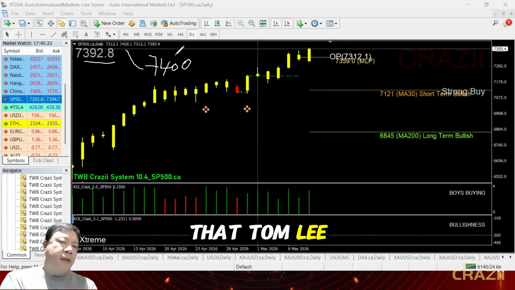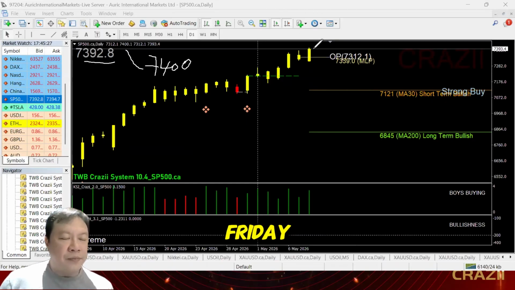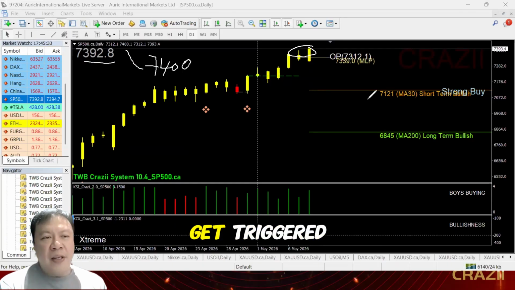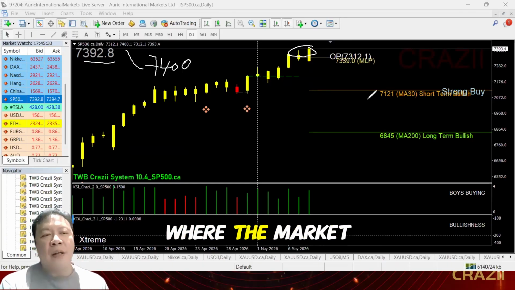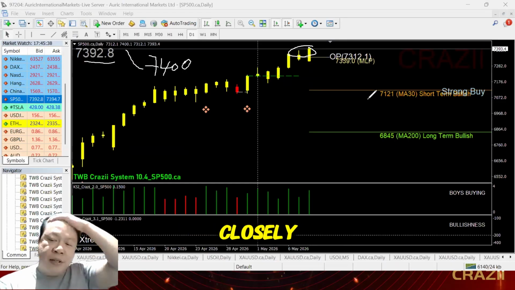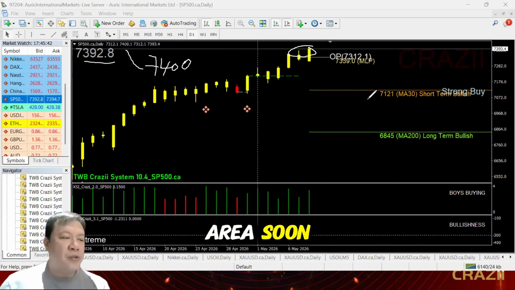So that means Tom Lee's number 7,400 was triggered last Friday. And I know, based on his record, whenever his prediction gets triggered, usually that is where the market will peak. So guys, be careful, watch the S&P closely. The S&P may be coming down at about this area soon.